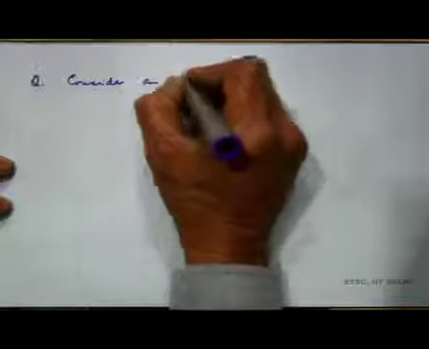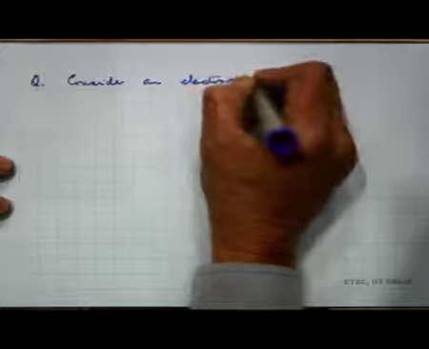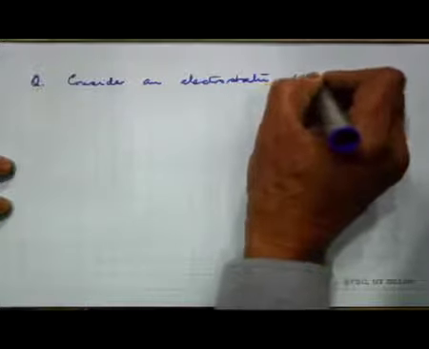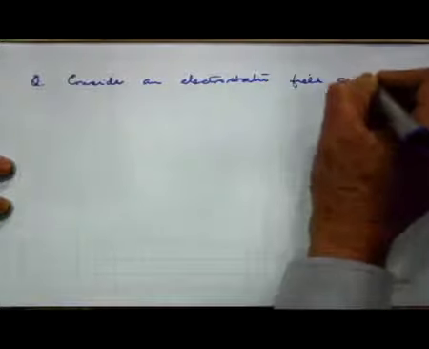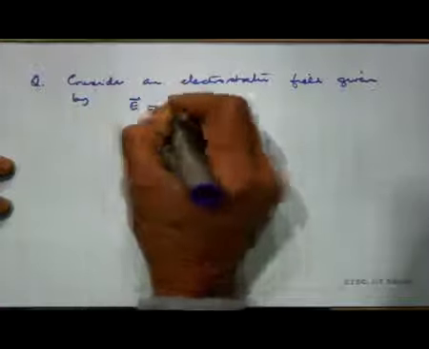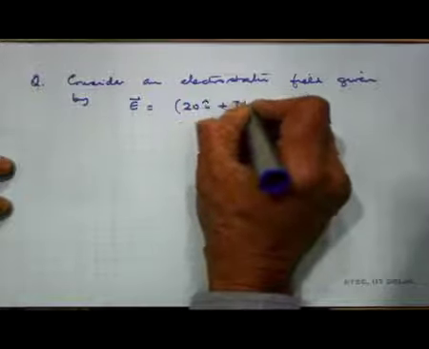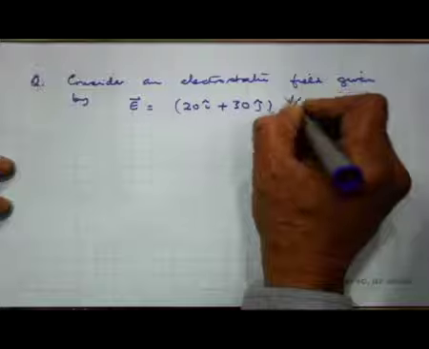Okay, now let me look at another problem. Consider an electrostatic field given by E is equal to 20 i cap plus 30 j cap volts per meter.